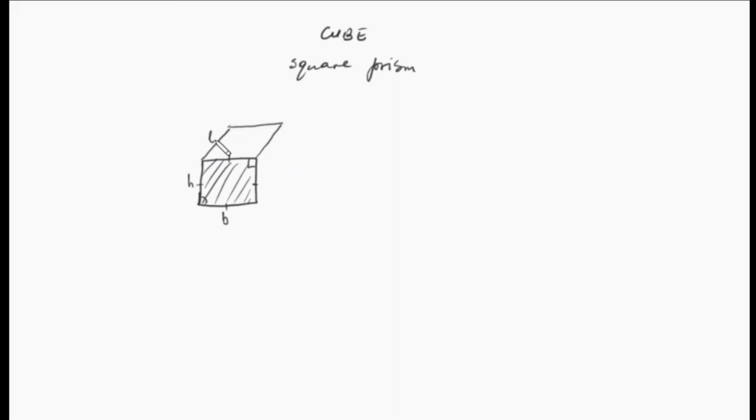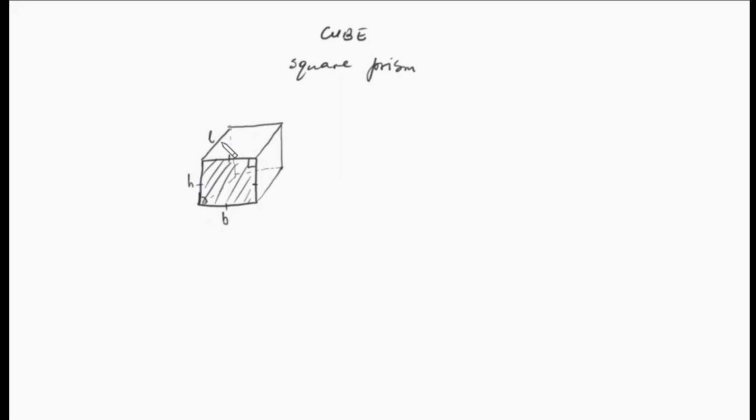The length is here. So now this side corresponds to this one, and then we will have the sides on the other side. Okay, this is the cube. All right. So in the cube, the breadth, the height, and the length are equal.